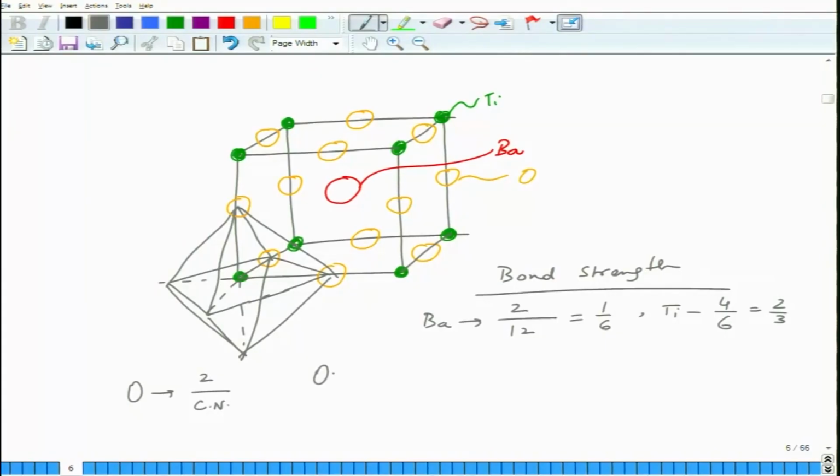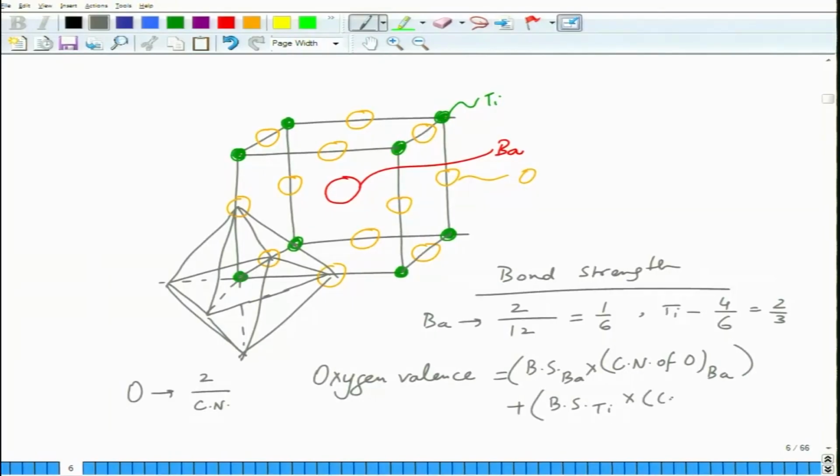So what you can do is that oxygen valence in this case is the bond strength of barium multiplied by the coordination number of oxygen by barium, plus the bond strength of titanium multiplied by the coordination number of oxygen by titanium.